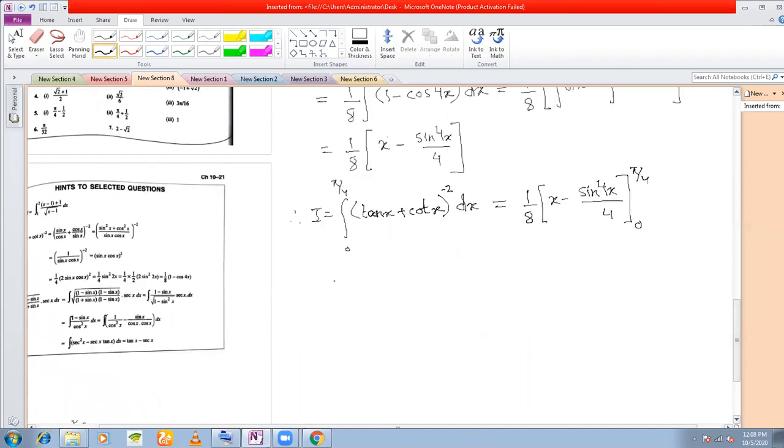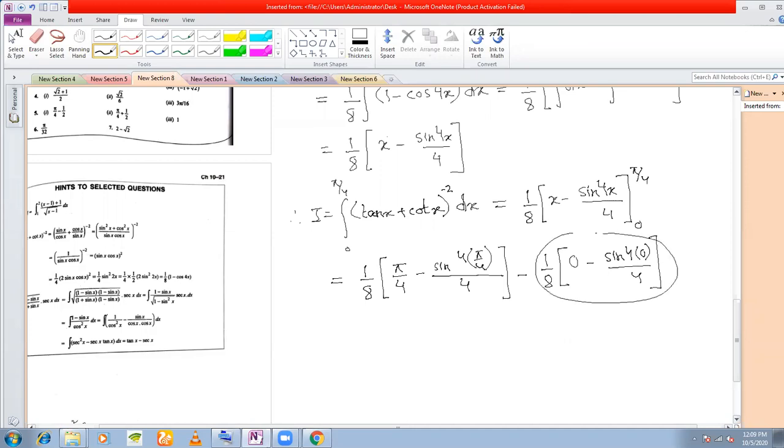Okay, now you put the upper and the lower limits. 1/8 of, put the upper limit first, you get pi by 4 minus sine 4 into pi by 4 divided by 4 minus 1/8. Now put the lower limit, 0 minus sine 4 into 0 divided by 4. So this entire expression becomes 0.